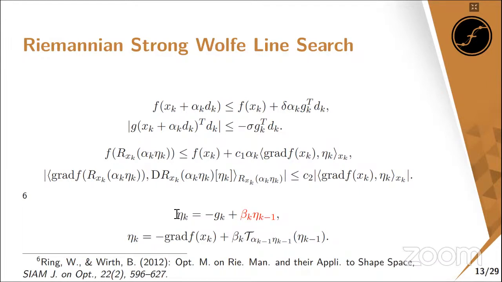That is, we can now transport the vector from the tangent space at k minus 1 to the tangent space at k, given by these, so that we can represent the classical CG search direction of the Euclidean setting in the Riemannian setting given by this structure. This is also given by Ring and Wirth in 2012 when they extended the conjugate gradient method, that is the Fletcher-Reeves conjugate gradient method, to Riemannian manifolds.